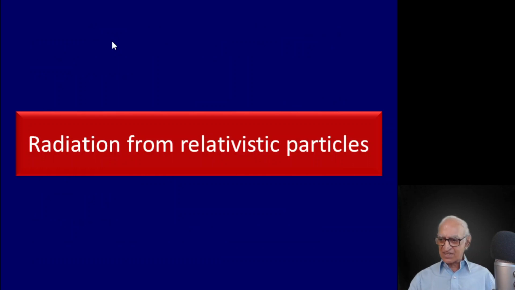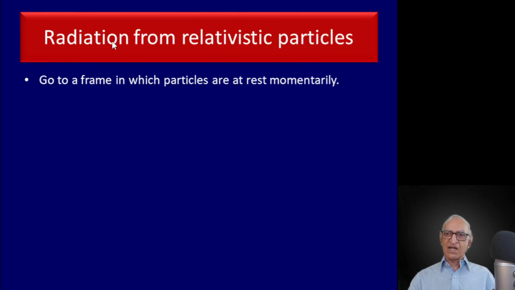Now, let us consider radiation from relativistic particles, because in astrophysical context, we will be dealing with relativistic particles. Now, how do we calculate the formula analogous to Larmor's formula, and the angular distribution and the polarization, etc., for particles that are moving at relativistic speed? So what you do is, let us do a trick that Enrico Fermi used to do all the time.